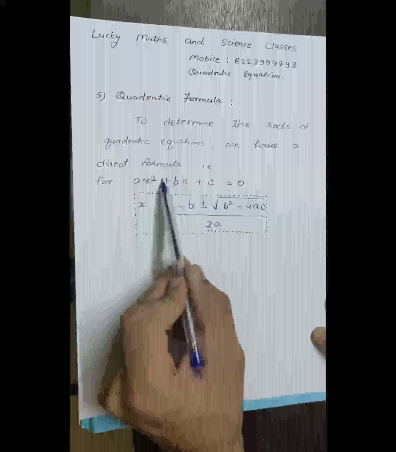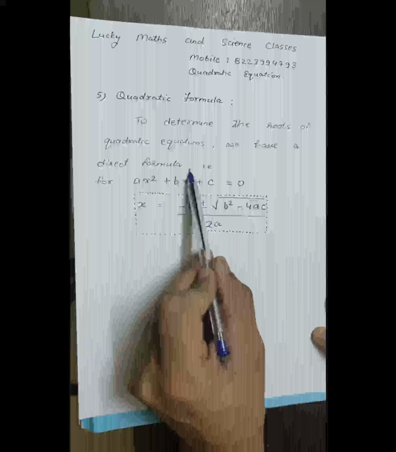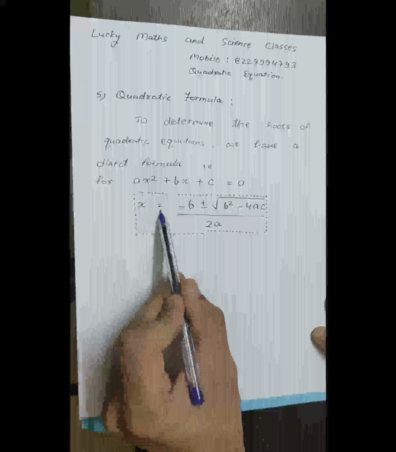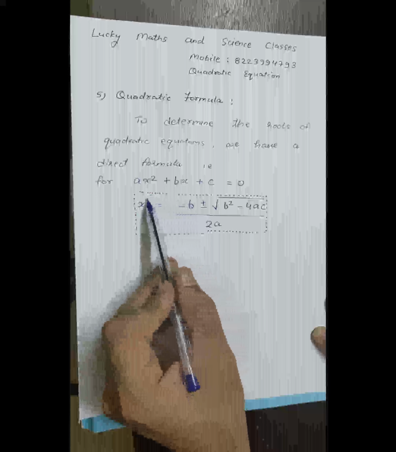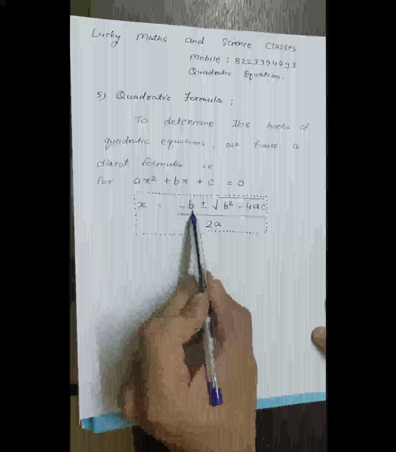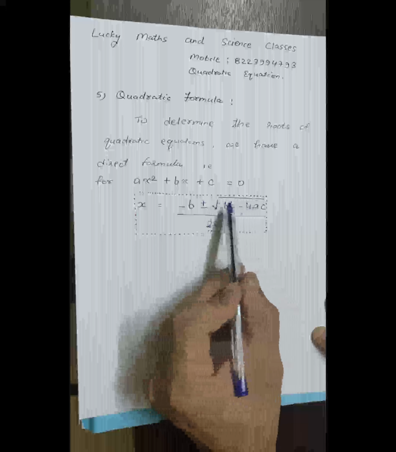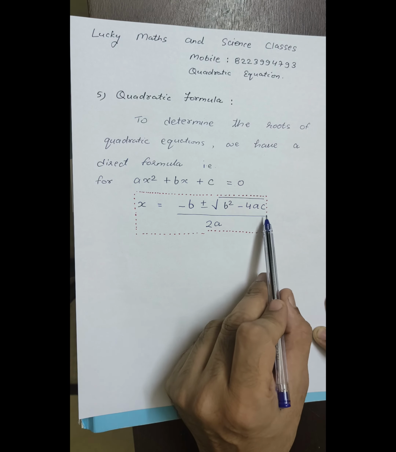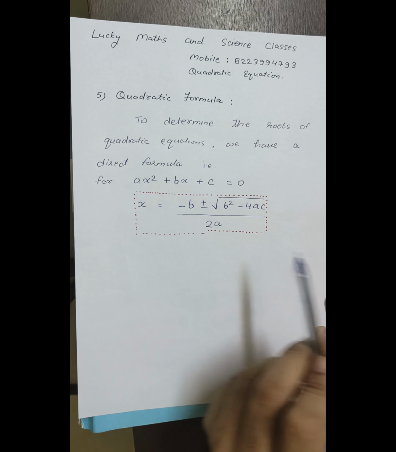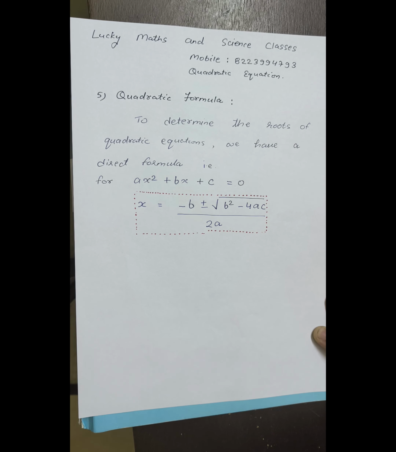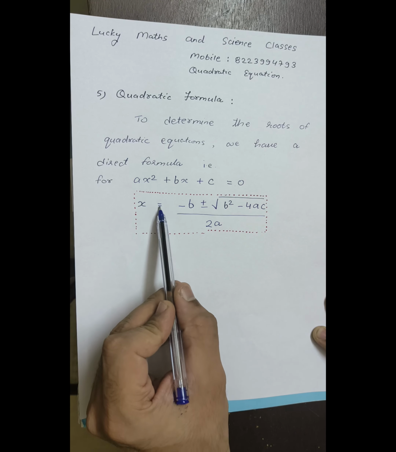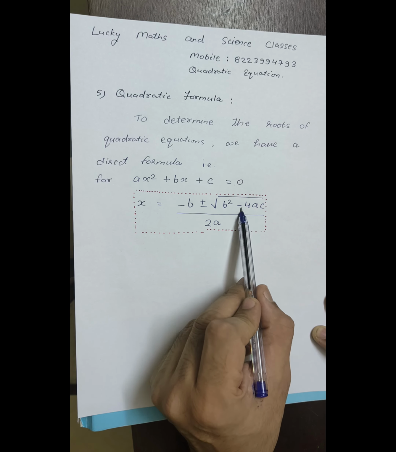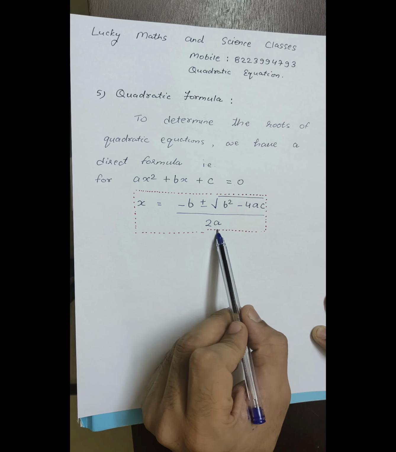For a quadratic equation ax square plus bx plus c is equal to 0, the value of x will be equal to negative b, plus minus under root b square minus 4 times ac, whole upon 2 times a, that is 2 times leading coefficient. One more time. x is equal to minus b plus minus under root b square minus 4ac whole upon 2a.